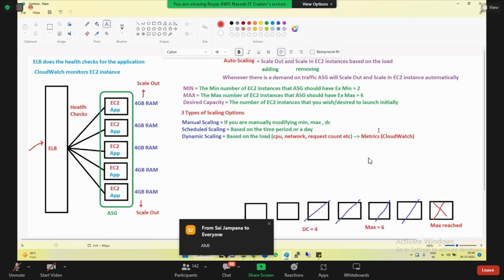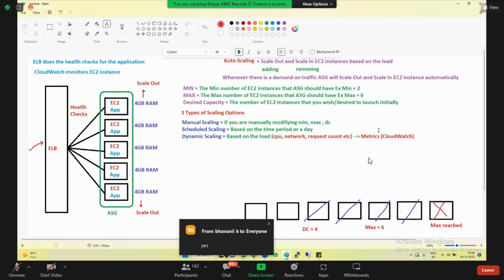How? Excellent. AMI. Got it? Excellent. AMI. Remember? So guys, can we create our own custom AMI and have our application ready inside that AMI? Yes.